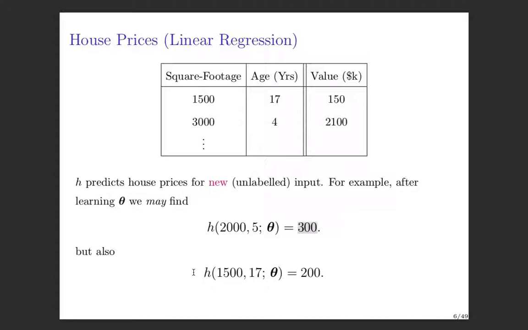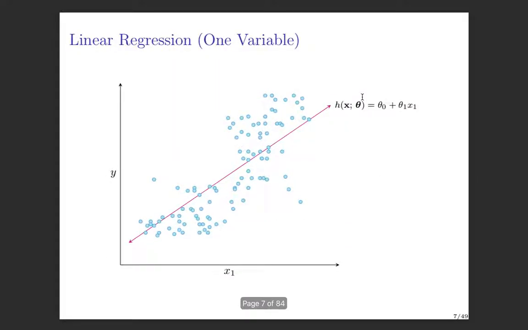The thing that you have to note is that the hypothesis function that you find may be off for known values. So I may train a hypothesis function on this table, and it may say that a house that has 1,500 square feet and is 17 years old is worth $200,000, even though the table says it's only worth 150. So the hypothesis function is going to be off. It's our best guess, even though the data would say otherwise.